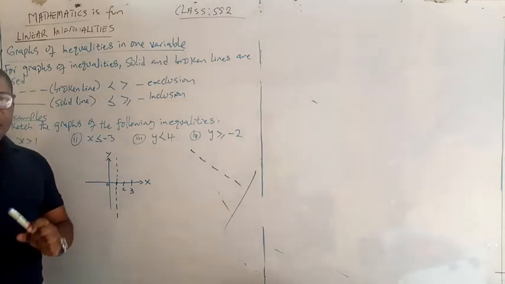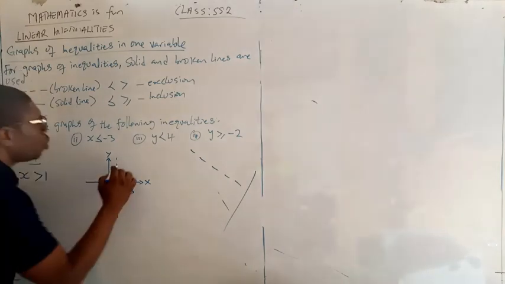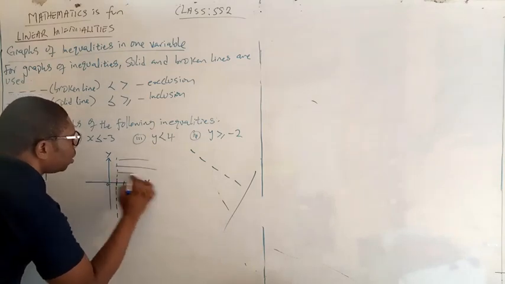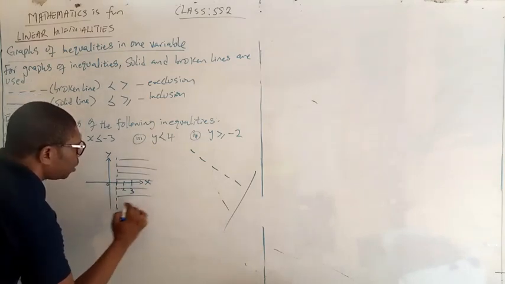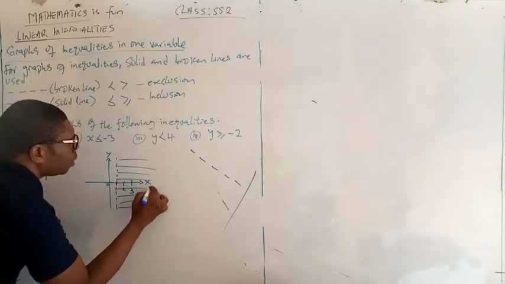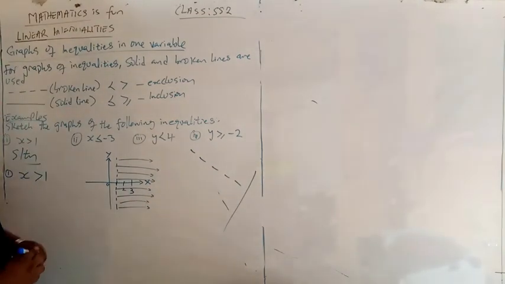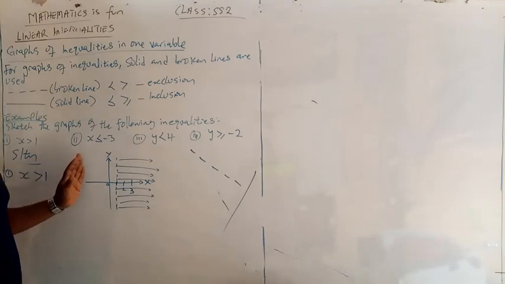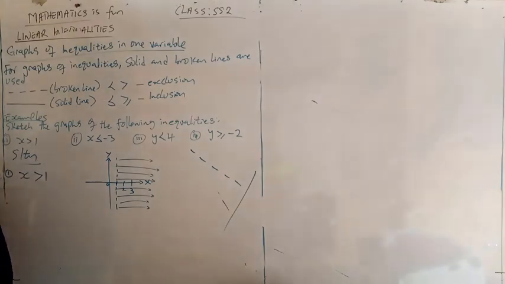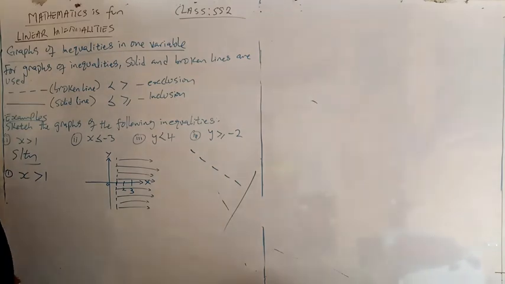We have, excluding 1, 2, 3, 4, and so on. Therefore, I'm going to shade this. This is the region that is required, and this arrow is showing that it is continuous. This other side is not required. So that is how to shade the required region to sketch the graph of a linear inequality in one variable.